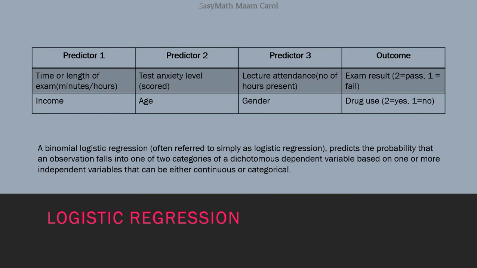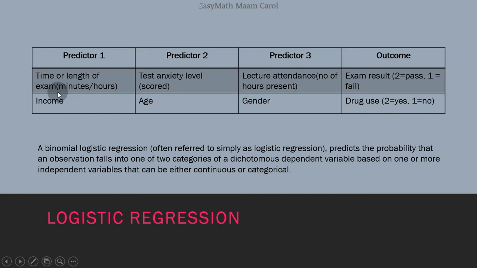Now, for logistic regression, sometimes it is referred to as a binomial logistic regression. It predicts the probability that an observation falls into one of two categories of a dichotomous dependent variable. This time, the outcome variable has only two values.